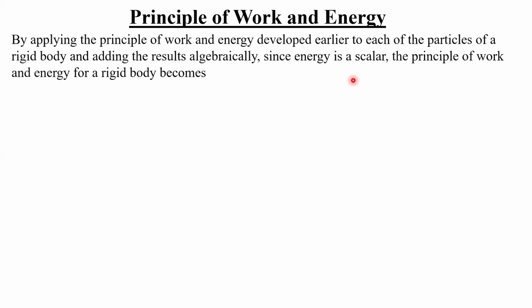Principle of work and energy. By applying the principle of work and energy developed earlier to each of the particles of a rigid body and adding the results algebraically, since energy is a scalar, the principle of work and energy for a rigid body becomes T1 plus summation U1 to 2 is equal to T2.